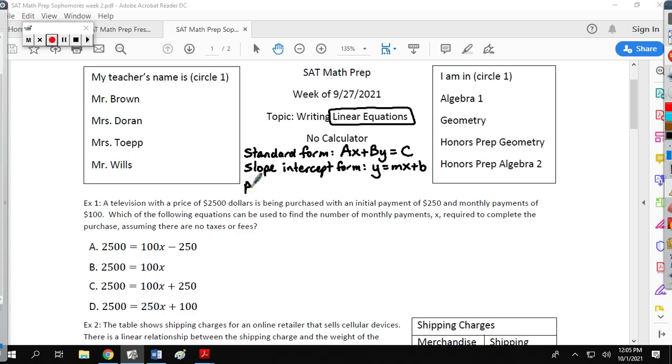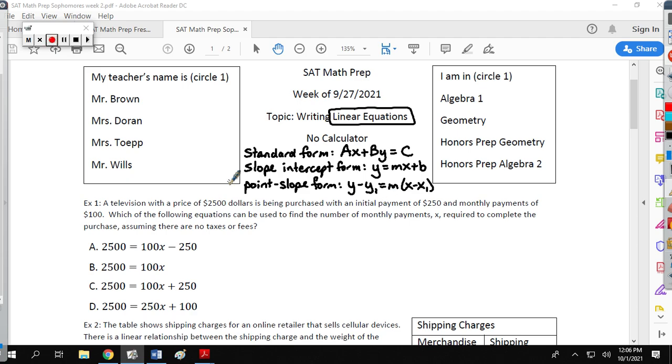And you should be familiar with, although you probably have less practice with, point-slope form, which is what we use when we are given a point and a slope. It says y minus y1 equals m times x minus x1. Any linear equation could be written in any of these 3 formats.